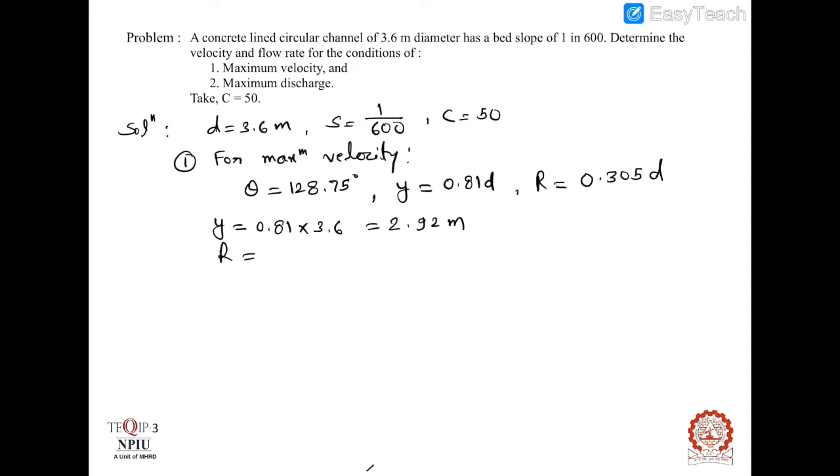And R is equal to 0.305 times of diameter, 3.6. This will give you 1.098 meter.